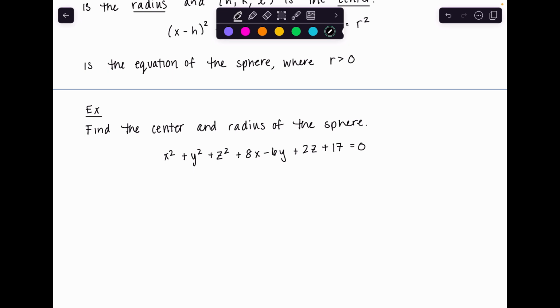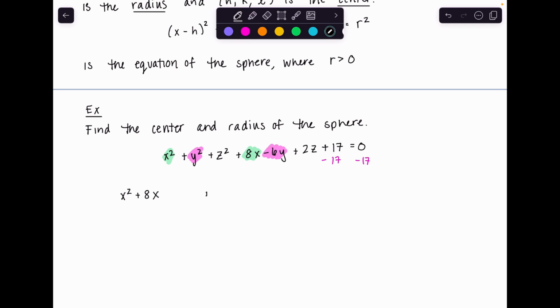So what I need to do to complete this square is I've got to group all of my x's, all of my y's, all of my z's together, and I want to move the constant over to the other side. And I want to give myself a little bit of room. So we have x squared and we have 8x. Then our next one we have y squared and minus 6y.